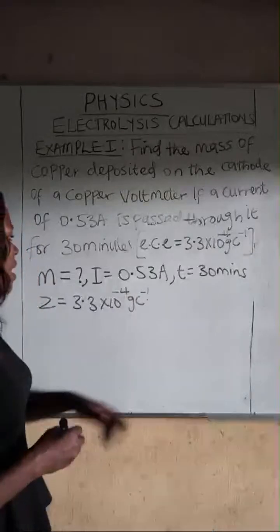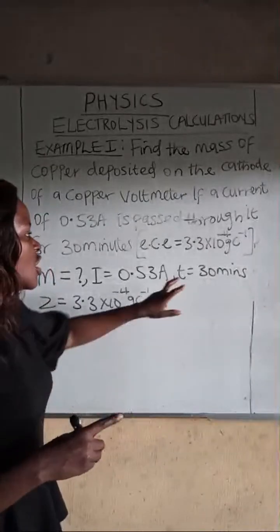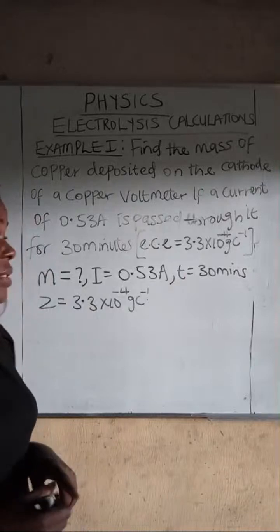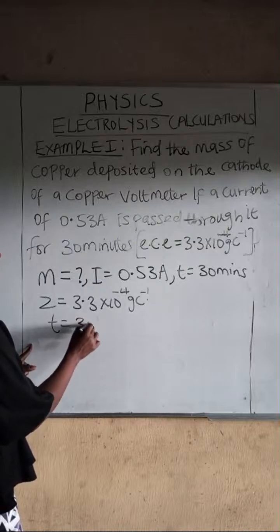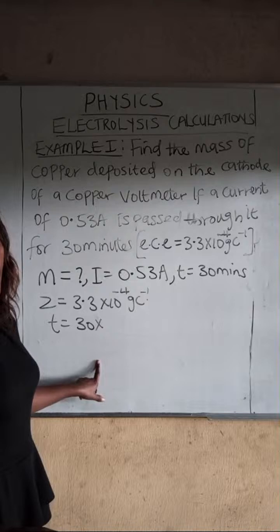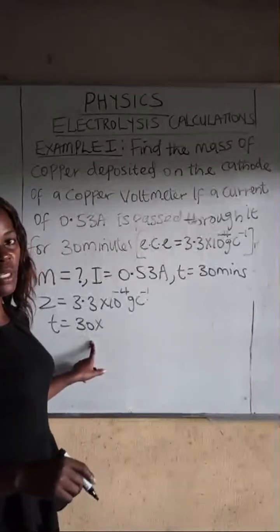Now, we have this T. What you're going to do is convert this time to seconds. You must convert it to seconds by saying that T is equal to 30 times 60, because 60 seconds makes 1 minute. And then we have 30 minutes here.